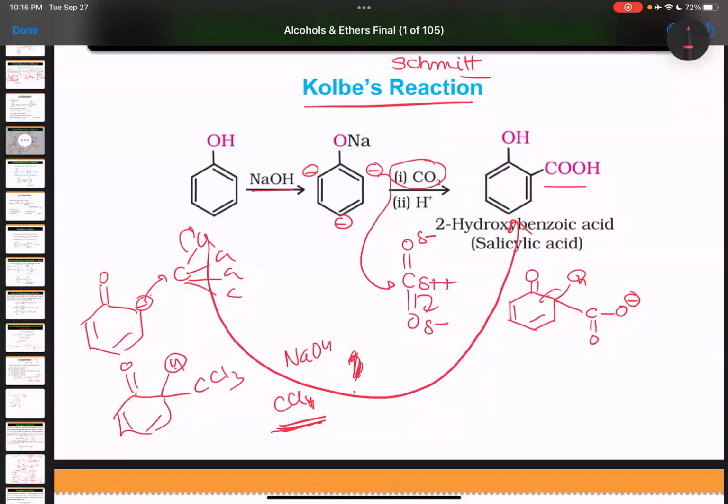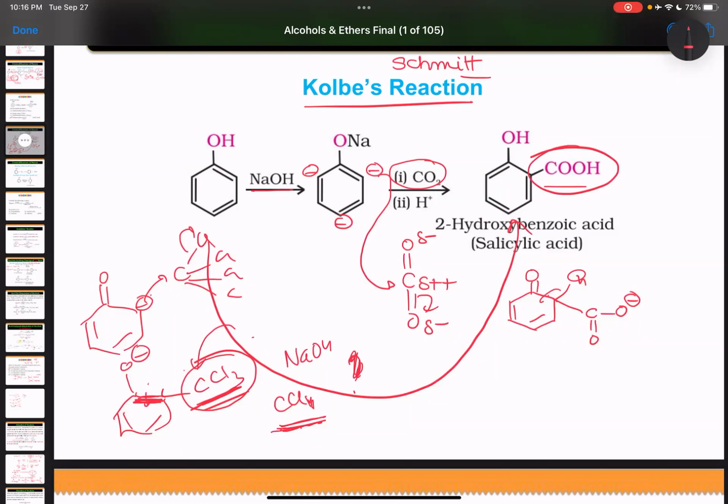H plus is removed by the base, not by the CCl3 because it doesn't have a minus. It again forms the phenoxide ion. It again forms its aromatic character. The OH will go and attack on the Cl. Three Cl will get removed, and finally you will have three OH. Just think in this way, and you will have water removed, and you will have COOH. Clear?